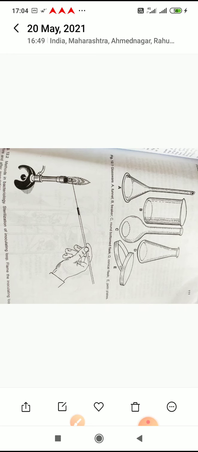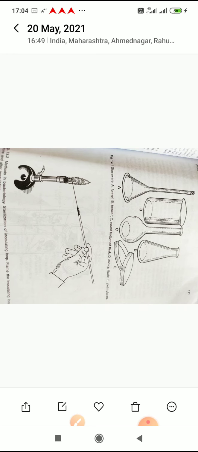In certain plant diseases, symptoms are so specific that one can immediately identify them only by having a glance at it. For example, smut of sugarcane or wheat rust. So easily by looking at the plant, the symptoms can be seen and one can confirm the disease.